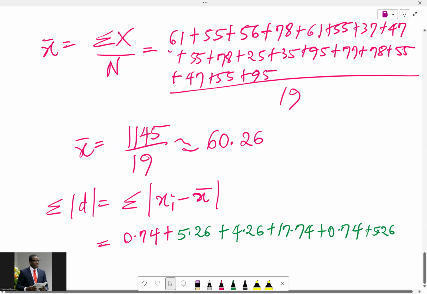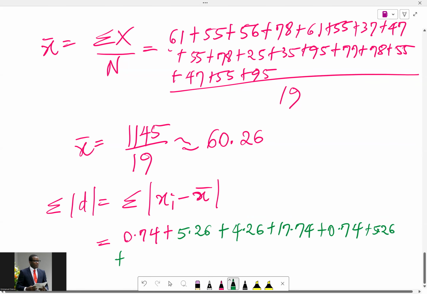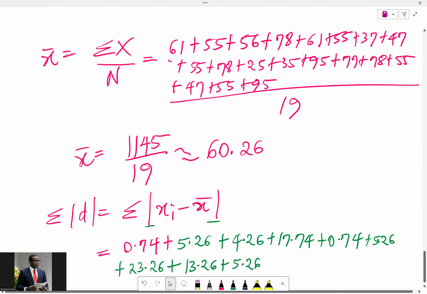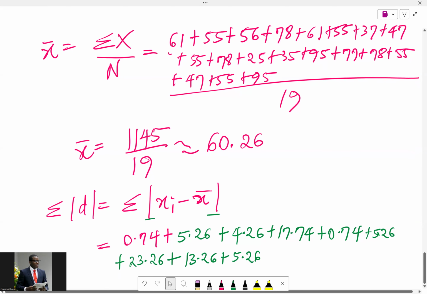Then 37 is minus 23.26, but we drop the minus because it's the absolute value we are concerned with. Then 47 is 13.26. 55 again is 5.26. 78 is 17.74.